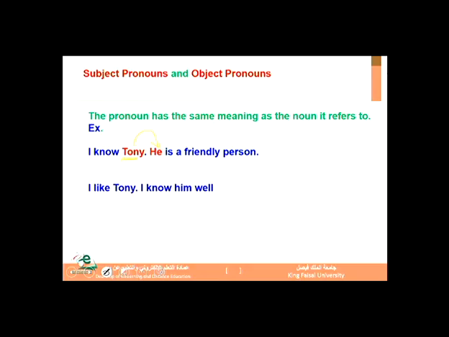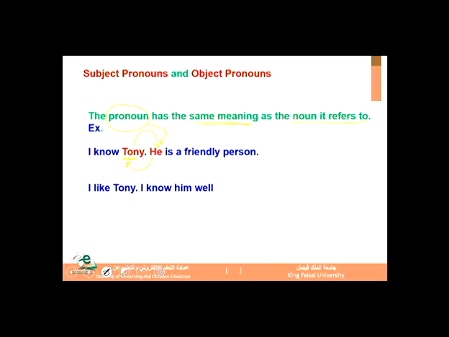So what we want to say is that the pronoun, which is he in this example, has the same meaning as the noun it refers to. It refers back to Tony, which means that he means Tony.